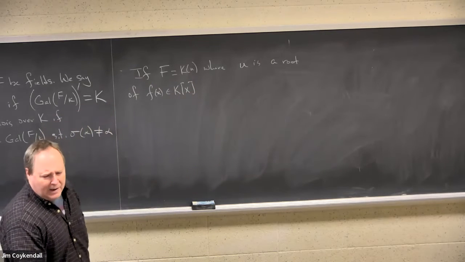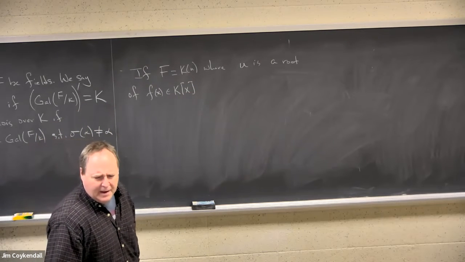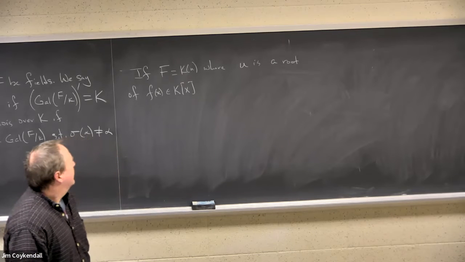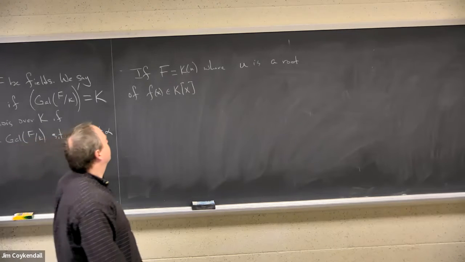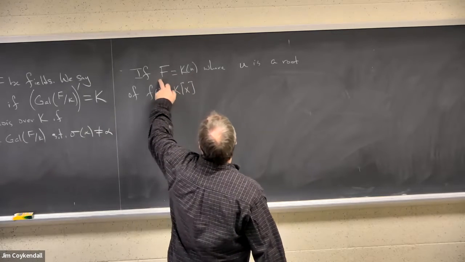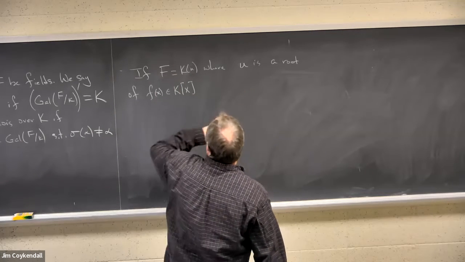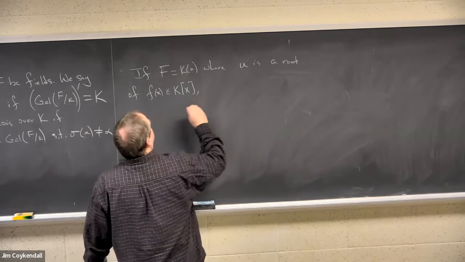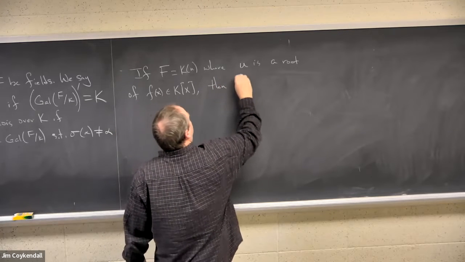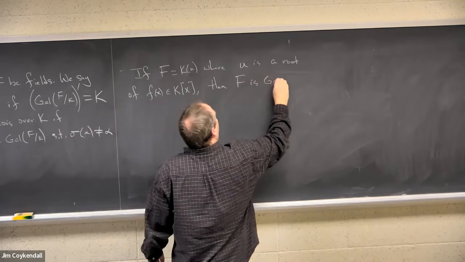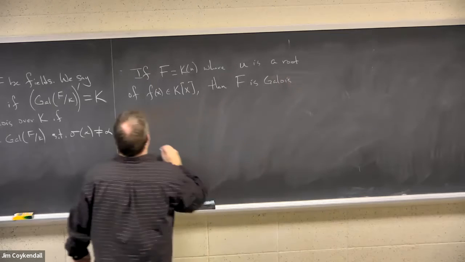So let's look back at our simple extensions here. When is this Galois over K? So under what conditions is a simple extension where U is a root of some polynomial Galois over K?